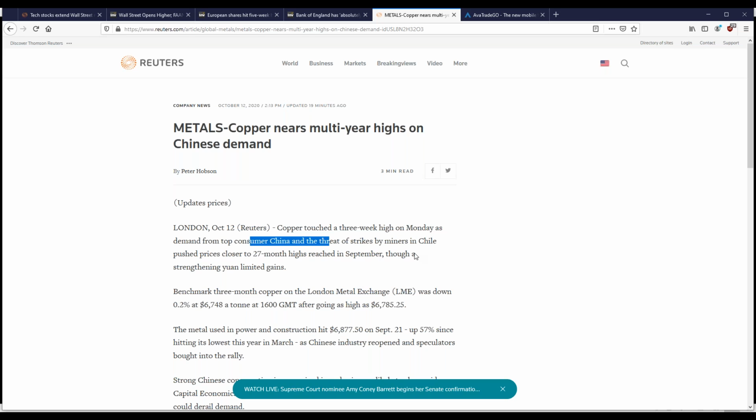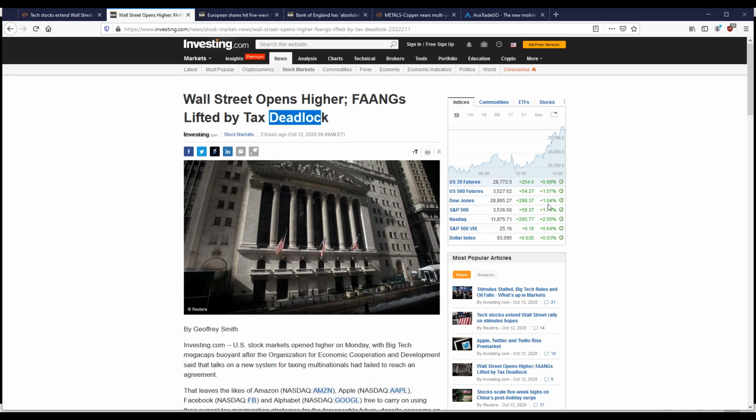So everything seems positive sentiment today, right? That's kind of the way everything's looking in the headlines. And you see the futures were green all day and the markets opened green. The dollar index is kind of flat, up 0.03, basically not moving. And it makes sense.